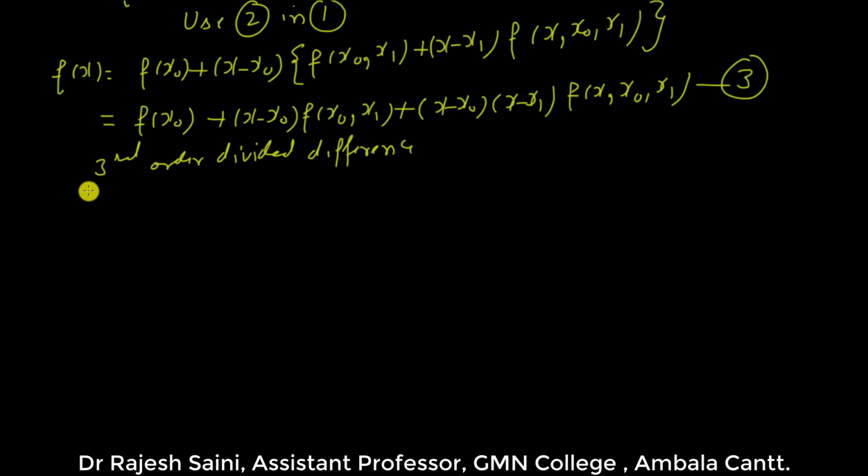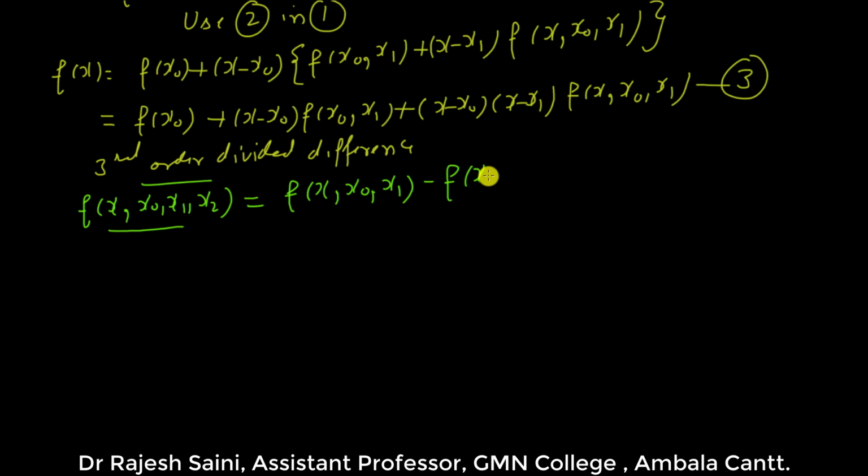So what will be the third order? It will be f of x, x naught, x1 and x2. Now this will be the first 3 and last 3. I am going to write the first: f of x, x naught, x1 minus f of x naught, x1, x2, divided by the difference between the extremities, that is x minus x2.